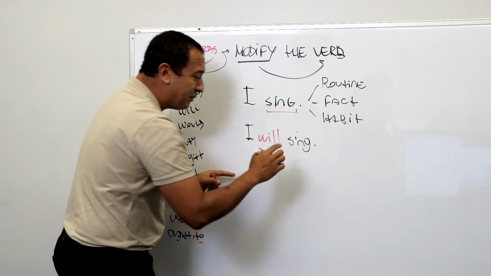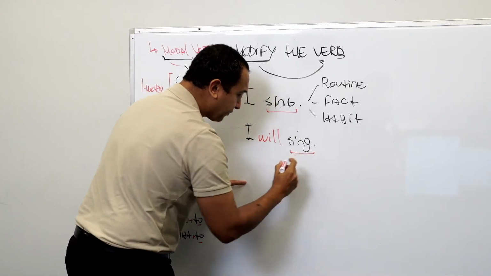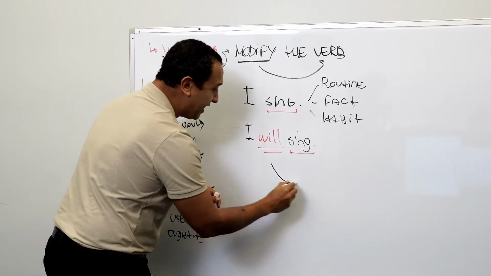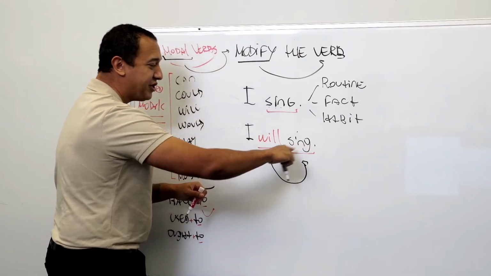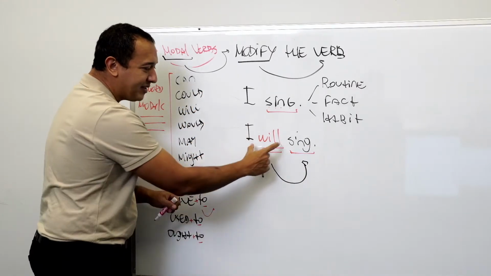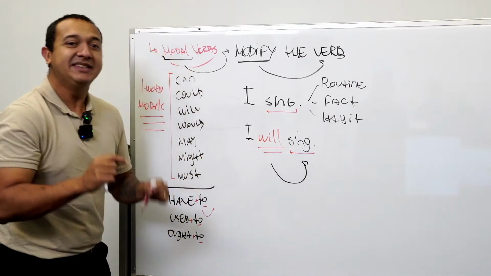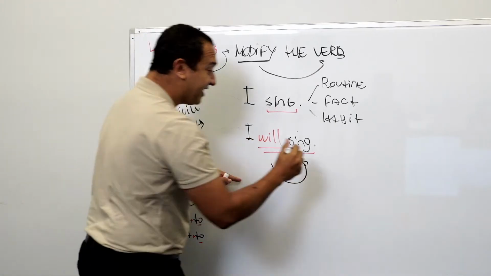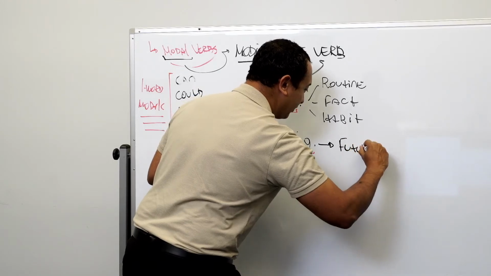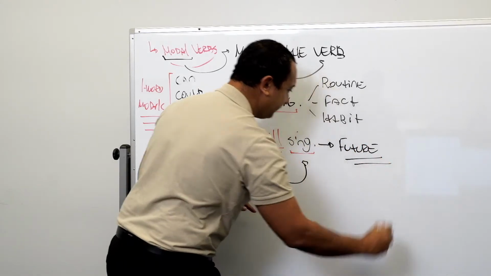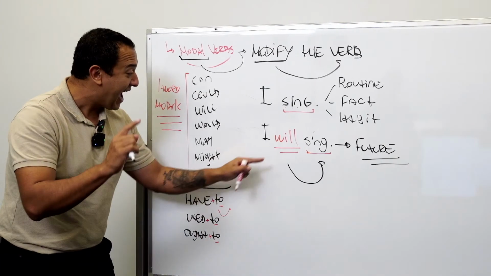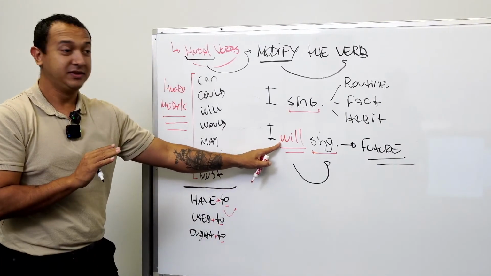Although I didn't modify the verb, this word, the modal verb, is making a modification here. Now, what does this modal verb indicate? It indicates that now I'm talking about the future. That is the indication that we get. Just because I added one word.